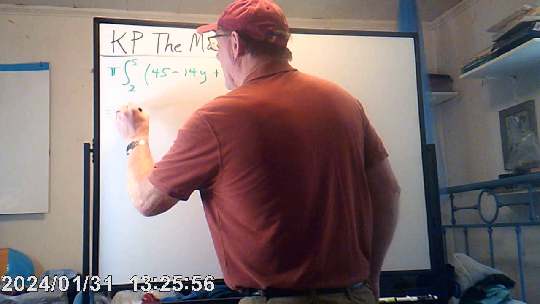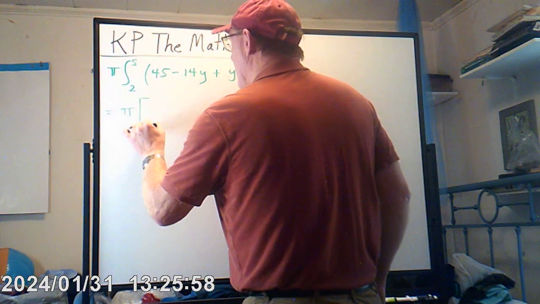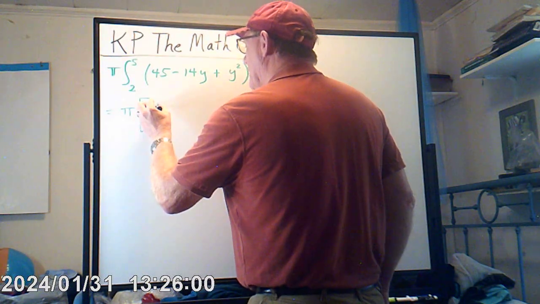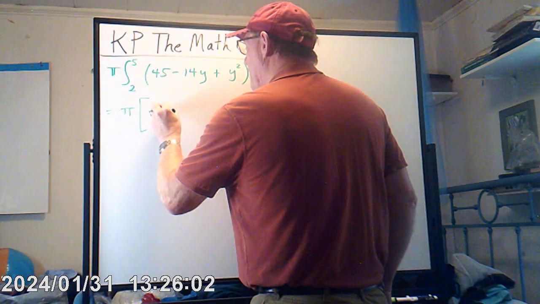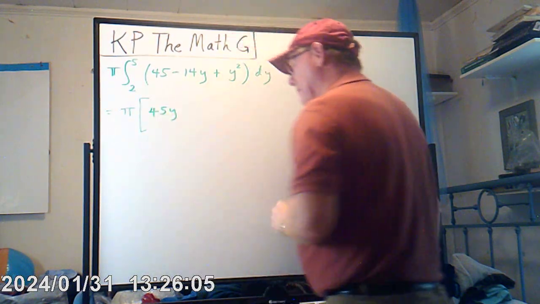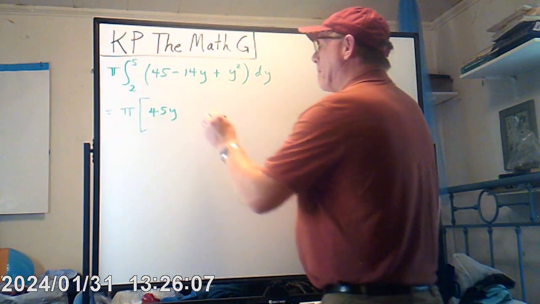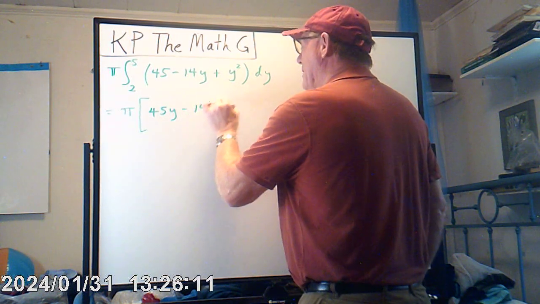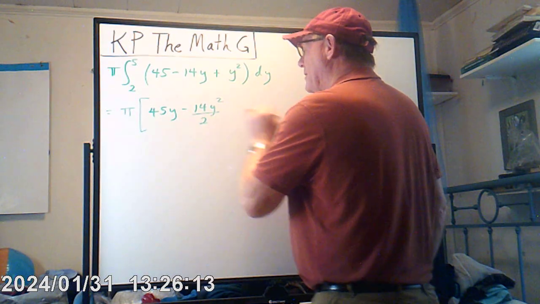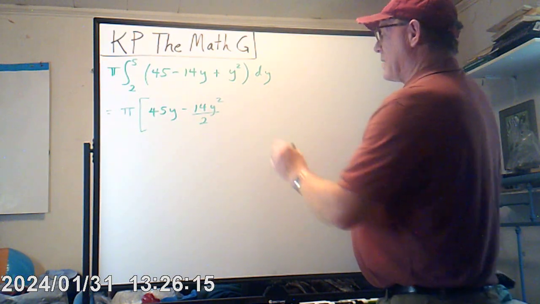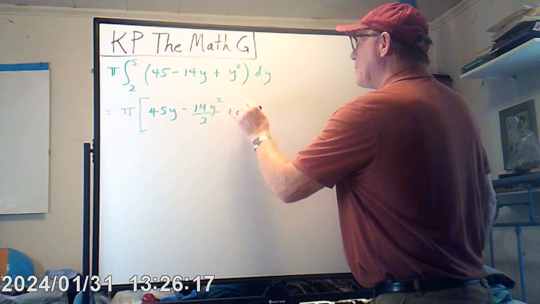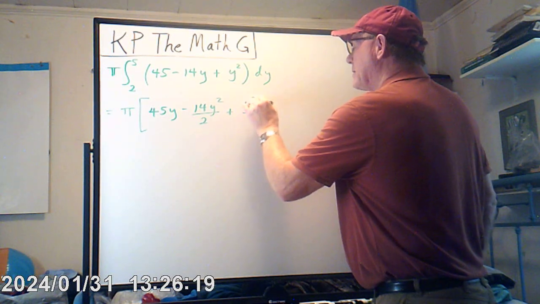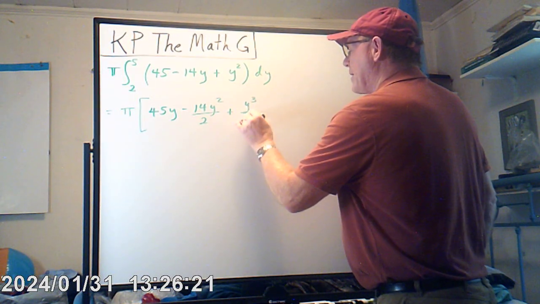So here we go. Equals pi times, big long answer here, 45y minus 14y squared. Remember, we're dividing that by 2, plus y cubed over 3.